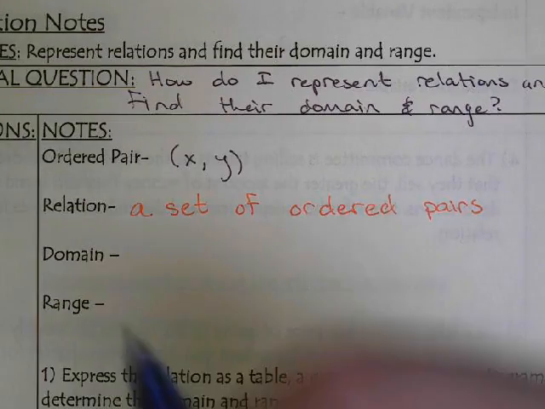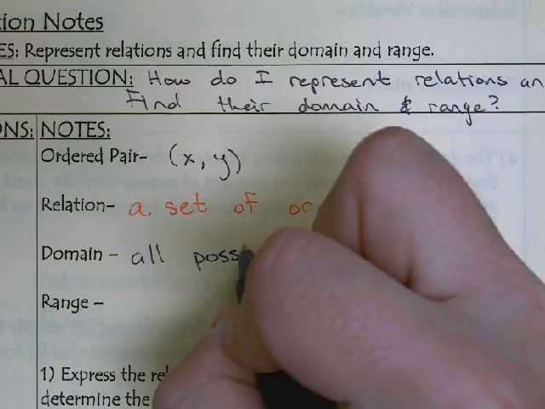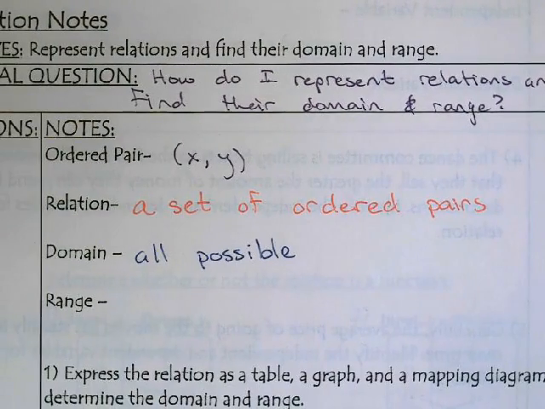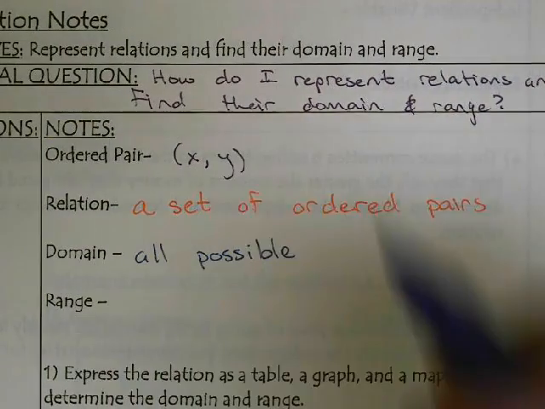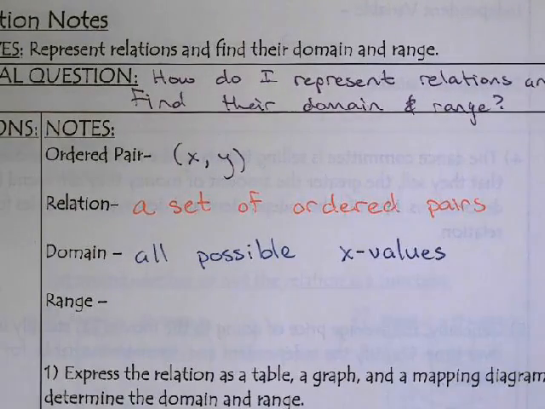Domain is all possible x values. And the range, since we're talking about all possible x values, what do we think the range will be?